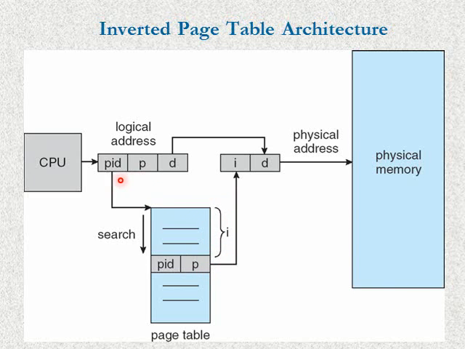Along with this pair, process ID and page number, we get that particular frame that is present in the main memory. So the offset remains the same, and we get the physical address where this particular page is actually located in the main memory.